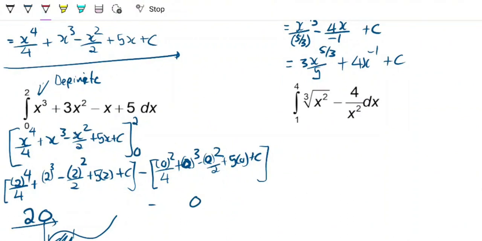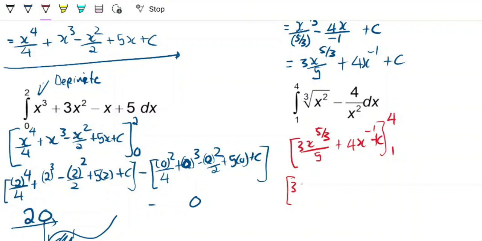Let's use a different color so we can separate these questions. So this will become 3. The way we'll do it, I'll just rewrite that over 5 plus 4x to the negative 1 plus c. And then we'll apply our upper and lower boundaries. So there they are. So what does this mean?